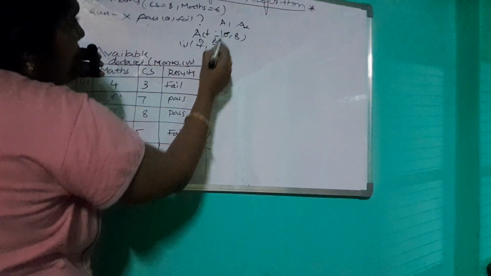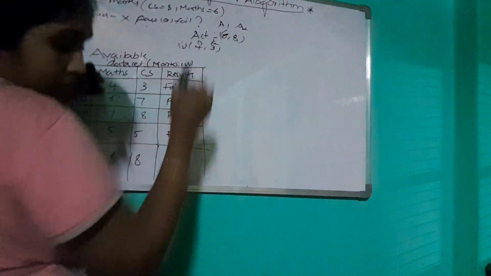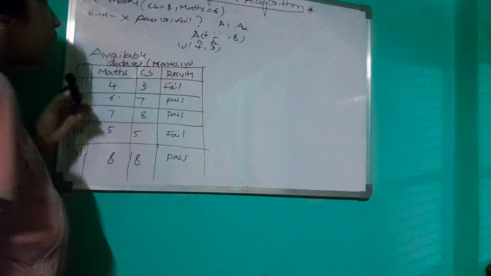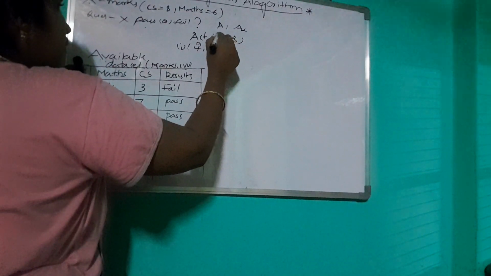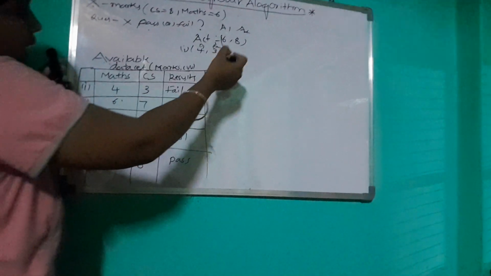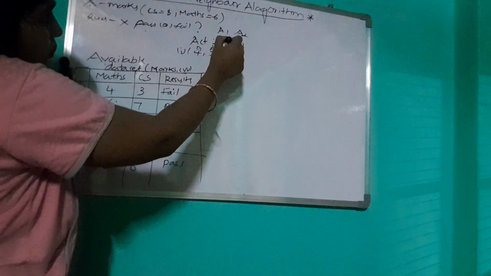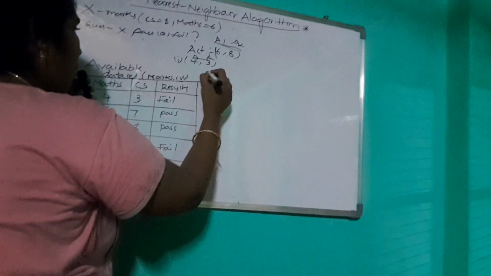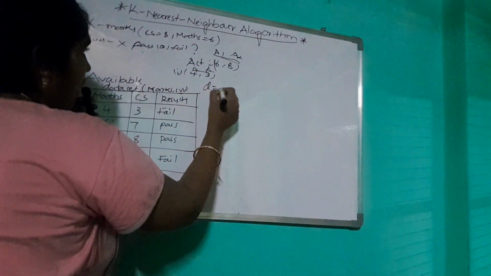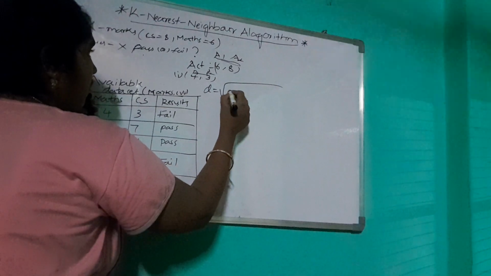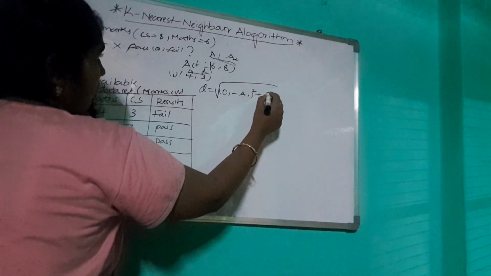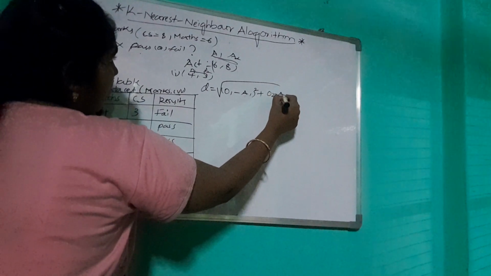Now we have to calculate the distance between these 2 points, actual values and observed values, by using the Euclidean distance formula. Observed value 1 minus actual value 1 whole square plus observed value 2 minus actual value 2 whole square.